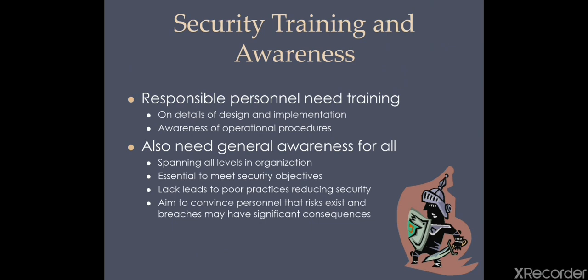The further step that we mentioned briefly is security training and awareness. After we have identified the risks, and identified the options of the controls, then we have selected them, we have determined the resources required, and then we have assigned the responsible personnel and the maintenance needed.